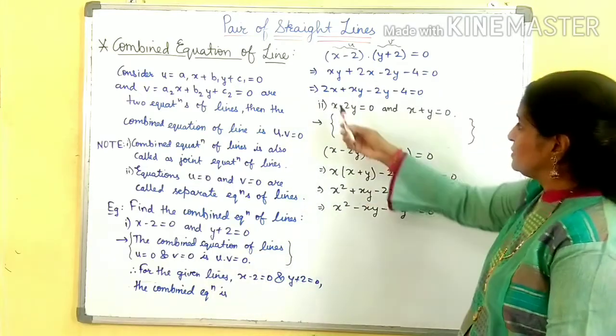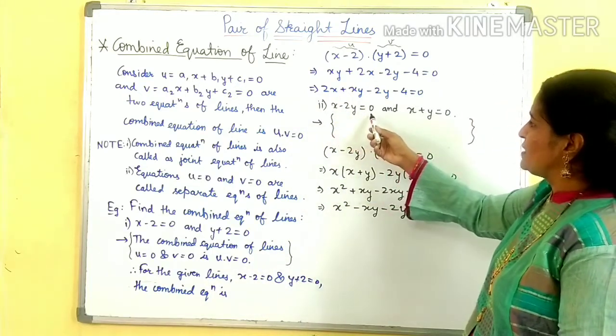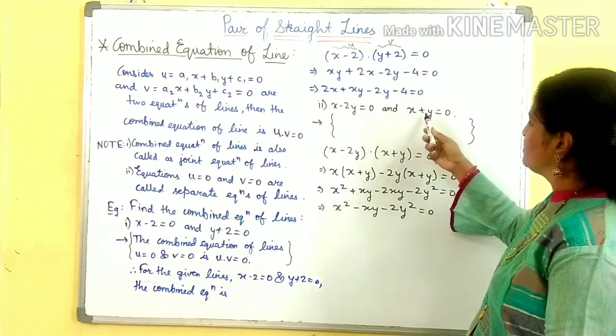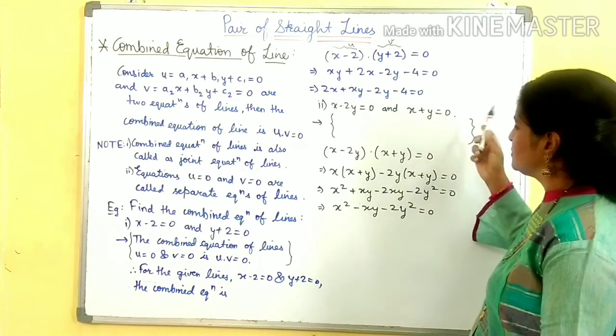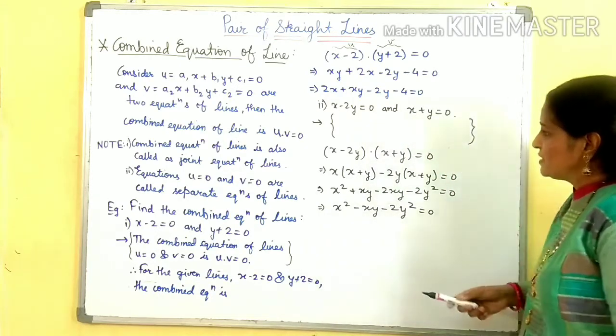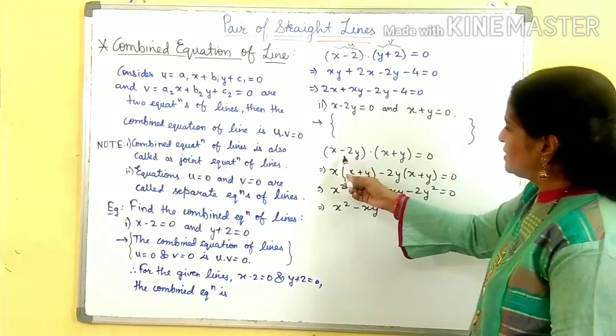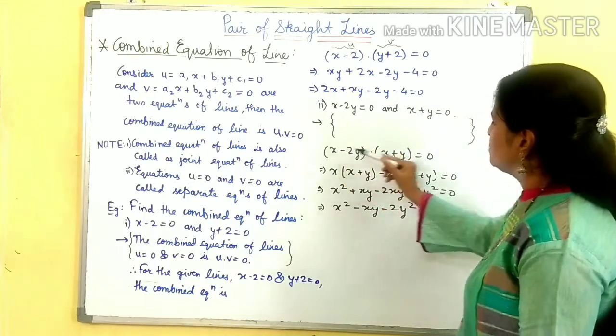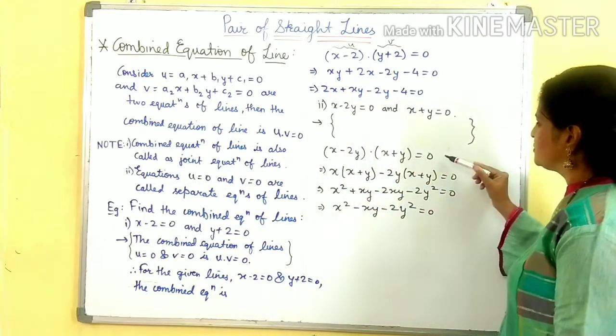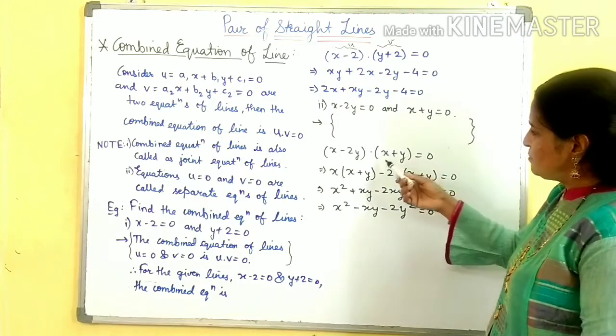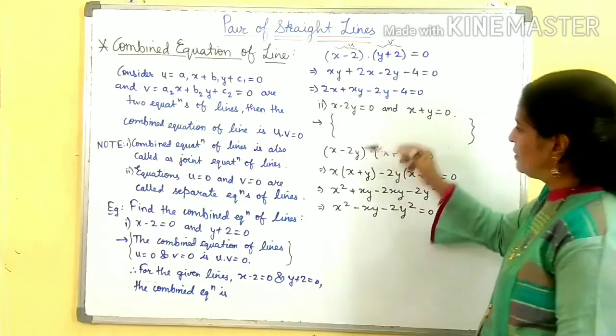Here lines are x minus 2y is equal to 0 and x plus y is equal to 0. The combined equation is, means multiply two terms, u dot v is equal to 0. Again there is simple multiplication.